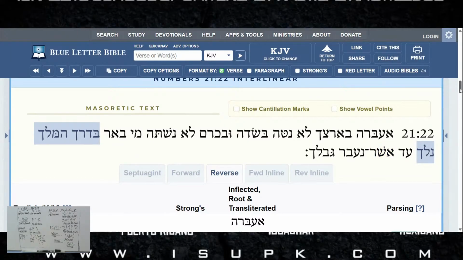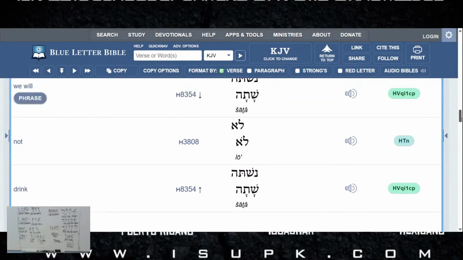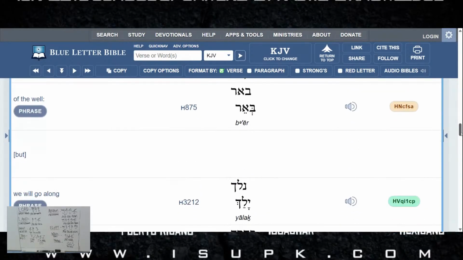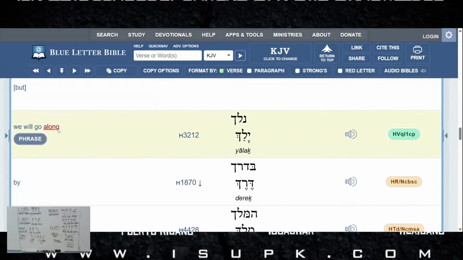Let's see if they have a translation for Nalaka. Okay. All right, here we go. We, so it is using we will go along. Go along. Laka, all right, from so this is Nalak.